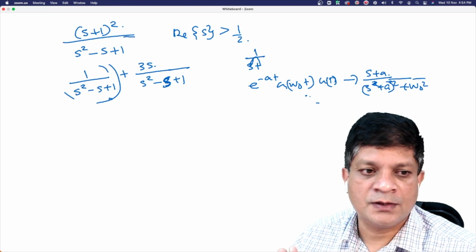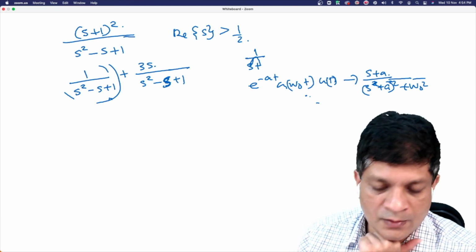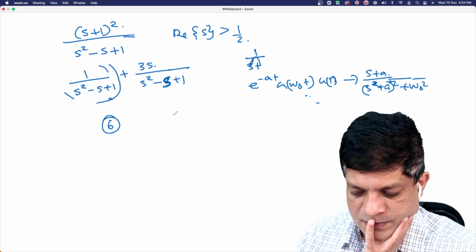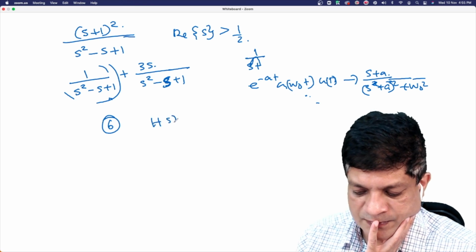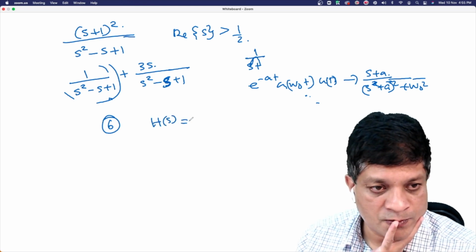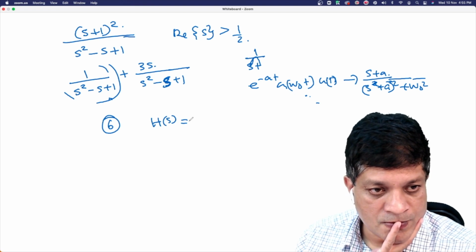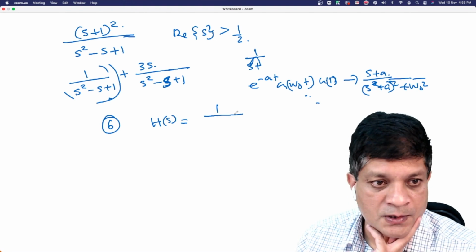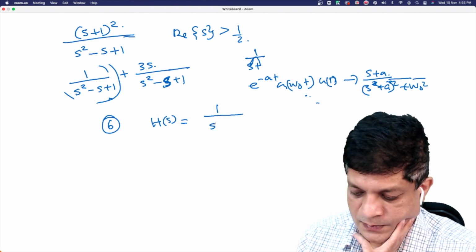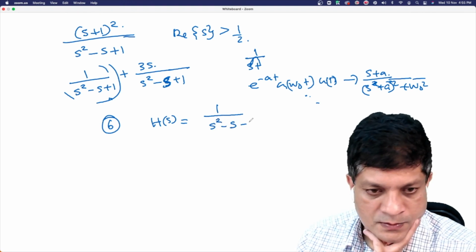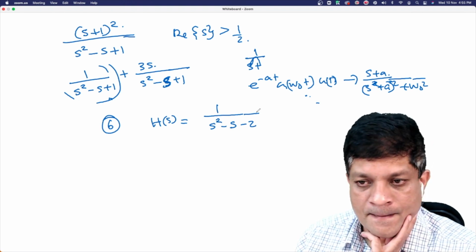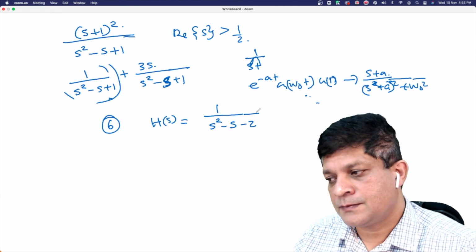In the sixth question, what is the system function? H of s is equal to what? Is it 1 by...? Is it the system function?